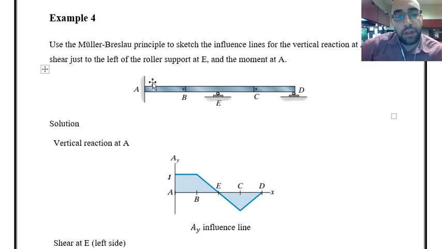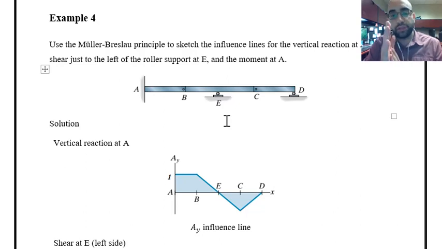Then we have to draw the influence line for shear at the left section of the support. It says just to the left of the roller support E, which means shear right on the left side of E. For that, I have to consider the shear restriction or displacement restriction.